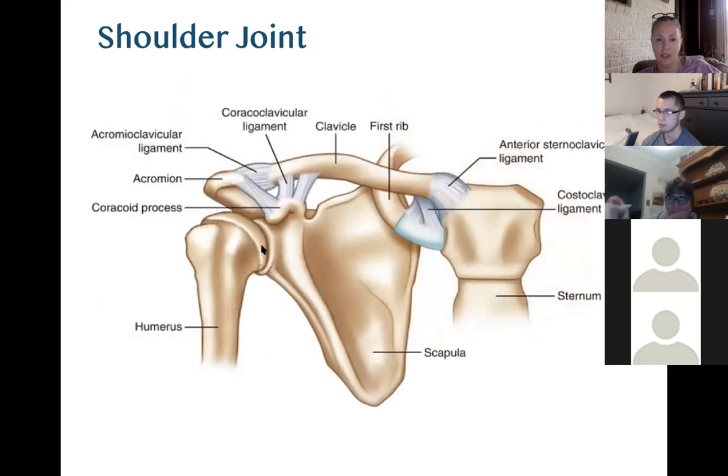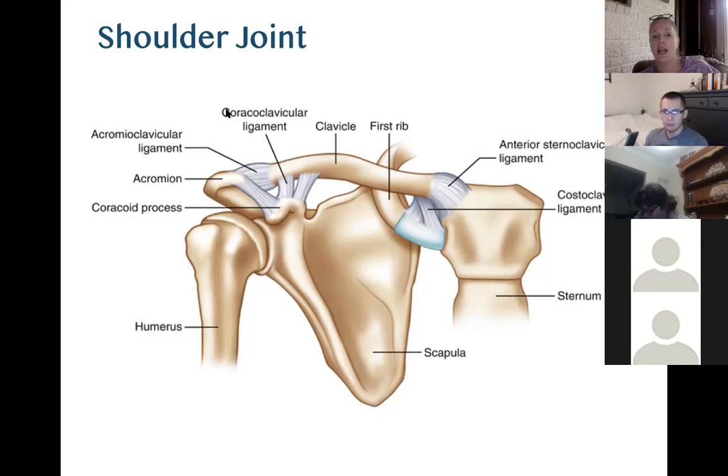All right, so let's look here. We have our shoulder, the head of our humerus, fitting into the shallow glenoid fossa or glenoid cavity. You have that acromion that comes around off of that spine of the scapula, and it's going to have some ligaments from the acromion to the coracoid process, which is just on its same bone.